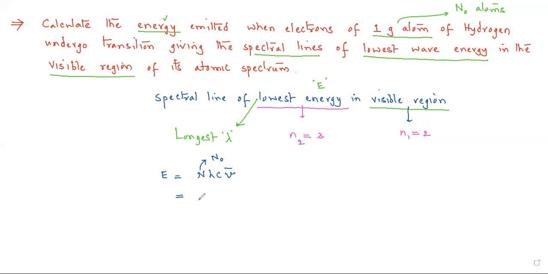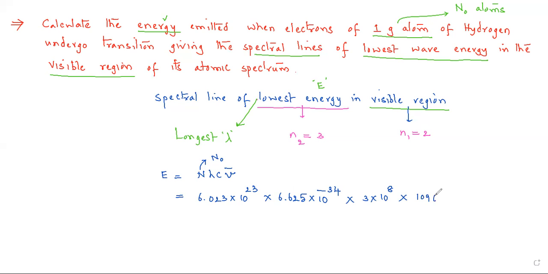Come on, write down 6.023 into 10 power 23 is N0, nothing but Avogadro number, into the value of H is 6.625 into 10 power minus 34 joule second. Then velocity of light is 3 into 10 power 8 meter per second. Now the nu bar.